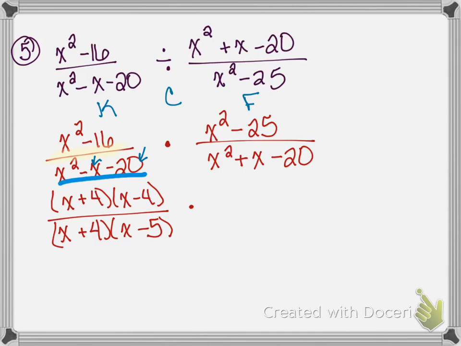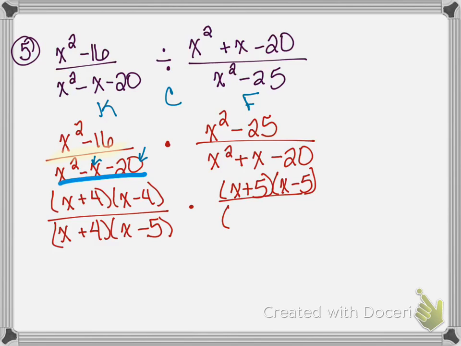Now, x squared minus 25, that's a difference of perfect squares. So I have x plus 5 and x minus 5. Now, I've got something similar again.